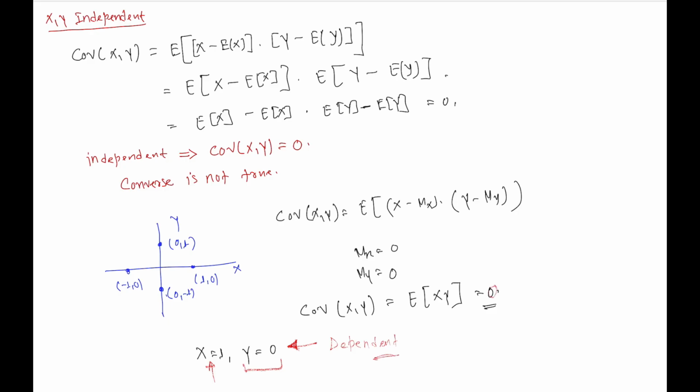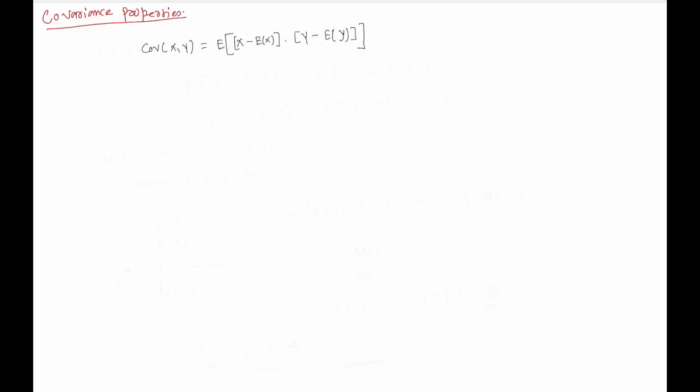So what we have got is zero covariance, but these random variables are dependent, right? That is why independence implies covariance is 0, but covariance 0 doesn't mean that the random variables are independent.